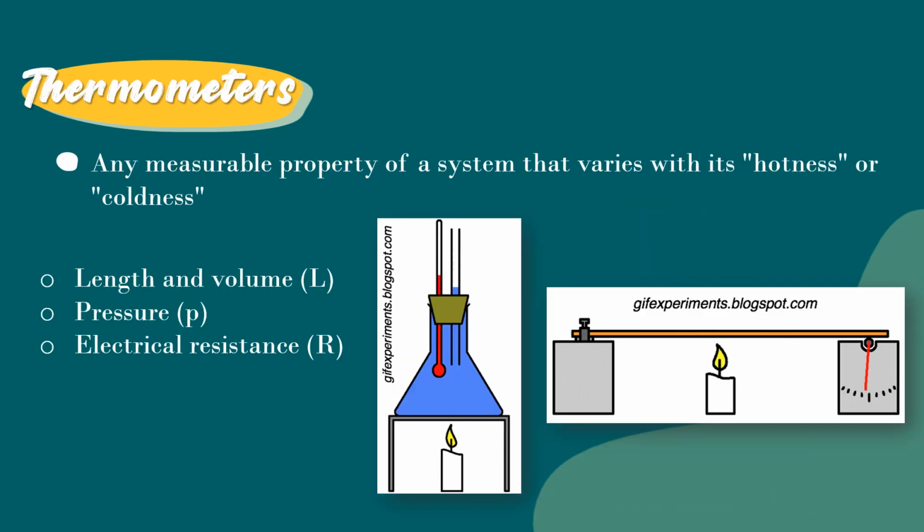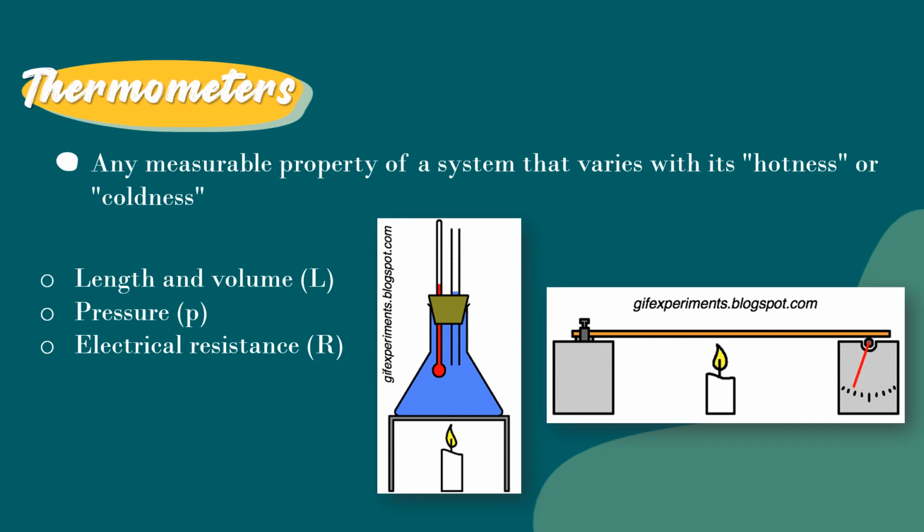We have seen from the simulation that when heat is added into a material or a system, the liquid in the thermometer rises. That rising is an indication that the liquid reacts to the added heat, because most materials have a property that varies with the degree of hotness and coldness of a material.